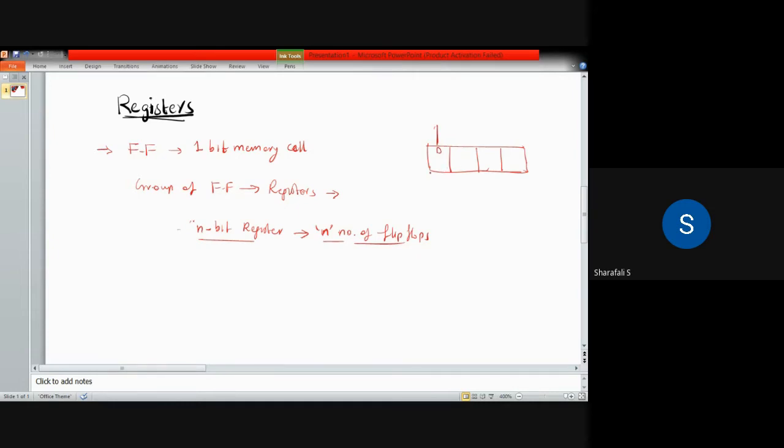Then we will have output through here, Q. Similarly, we will have D inputs here, and you take output Q from this side. And we will have the clock, negative triggered. This is your clock.